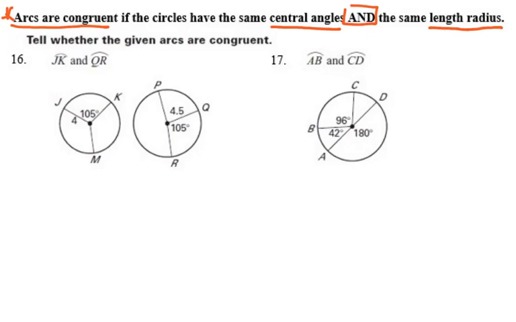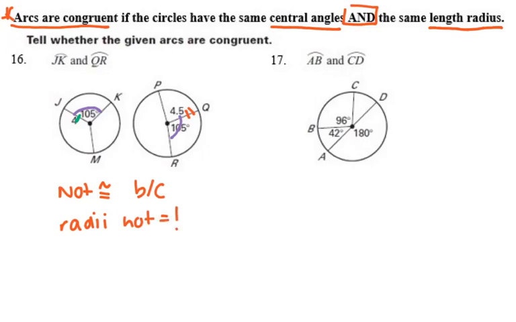Arc JK and arc QR are both equal to 105 degrees. However, because this radius is 4 and the radius in our second circle is equal to 4.5, I know therefore that these two arcs are not congruent, because the radii from each of these circles are not equal to each other.